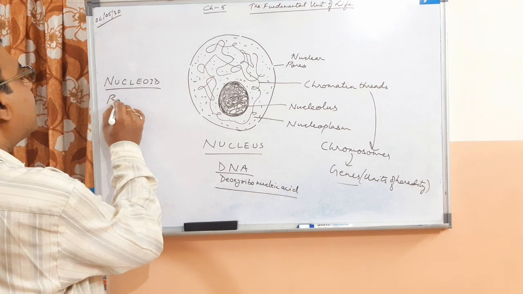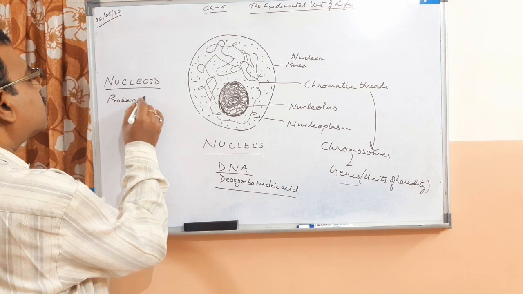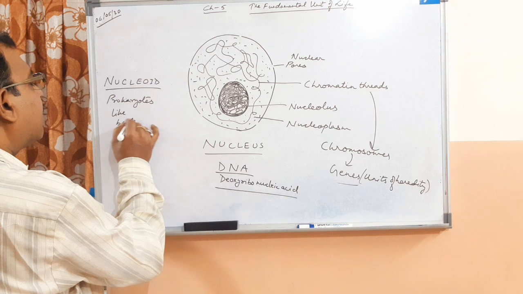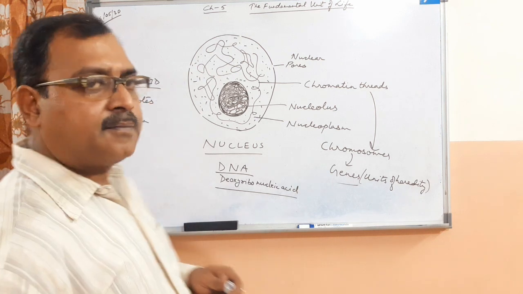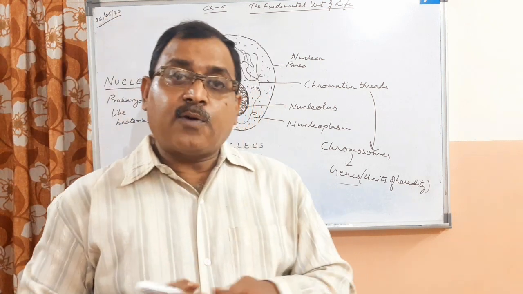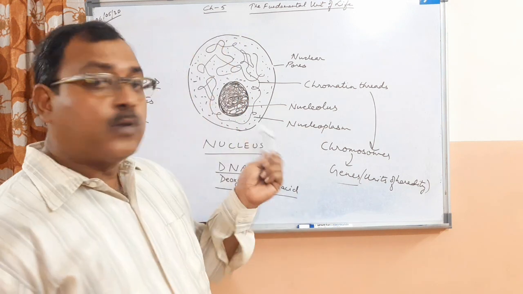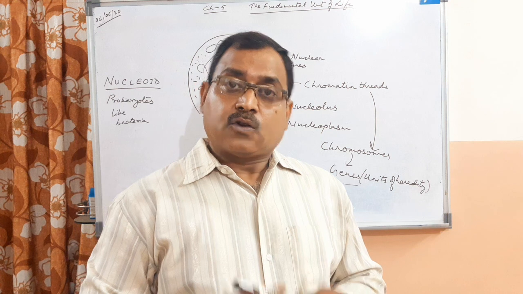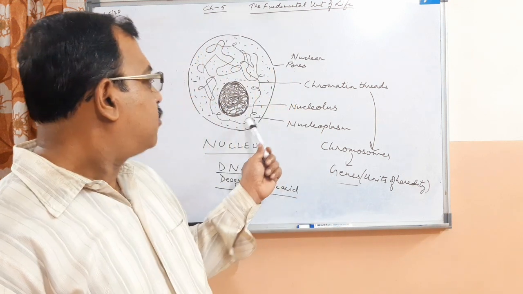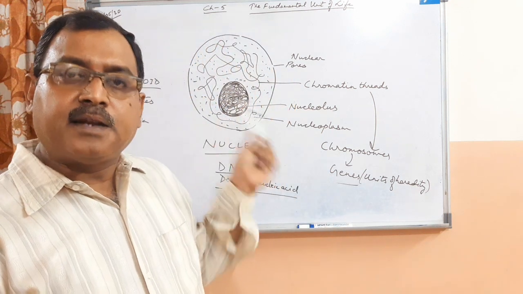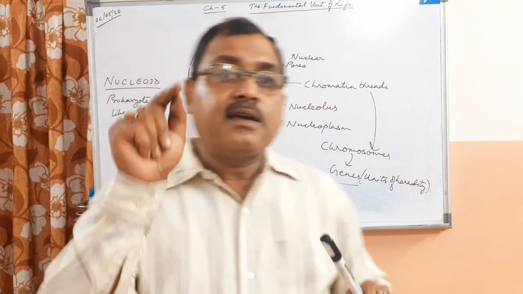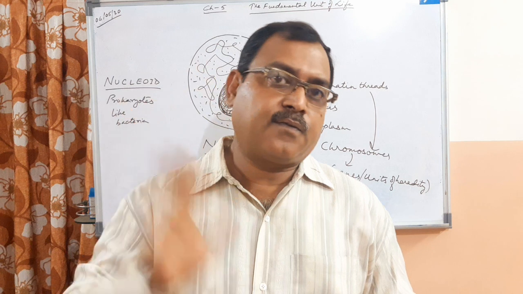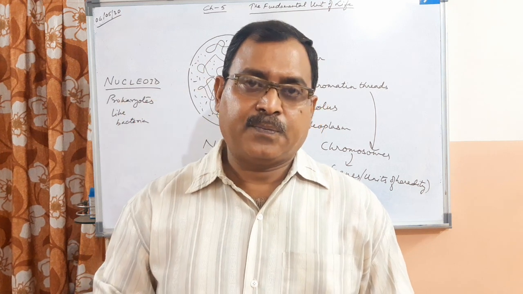This is found in prokaryotes like bacteria. So this is one difference between eukaryotes and prokaryotes. So remember, in case of eukaryotes, a proper nucleus is there, but in case of prokaryotes, a nuclear region is there, which is called as nucleoid. Proper nucleus is not found in prokaryotes.